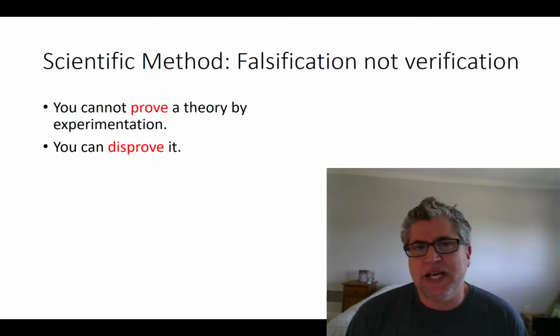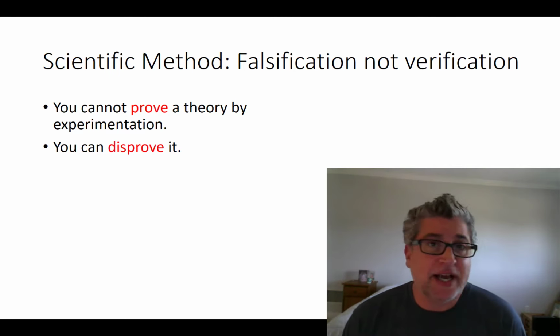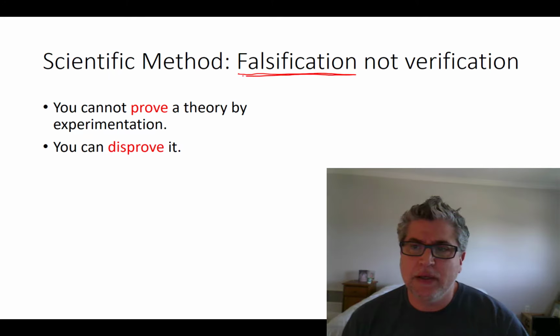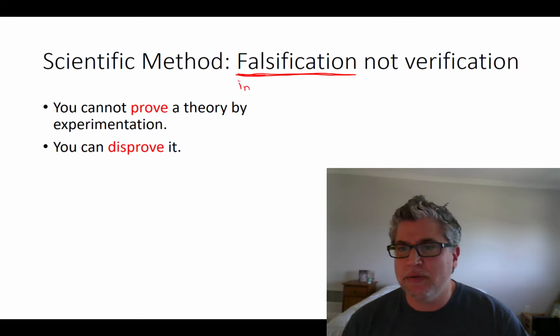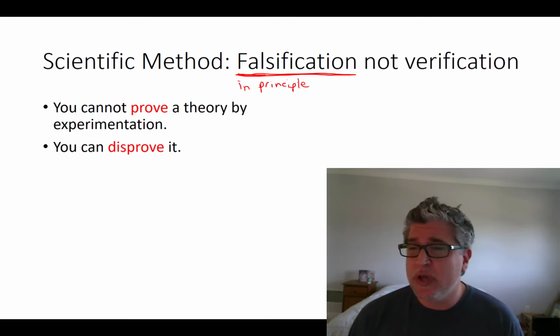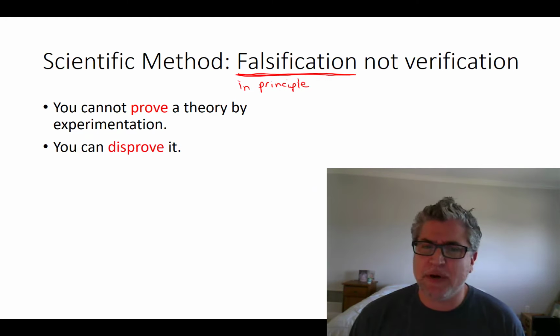All of this hypothesis testing stuff hinges on the scientific method, on the idea that what makes scientific claims scientific is that they are, at least in principle, falsifiable. You make some kind of claim that could be true, could be not true. You could have some kind of experiment, and you might disprove a theory.